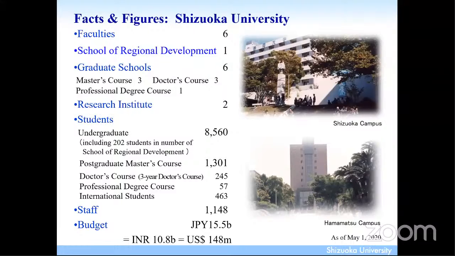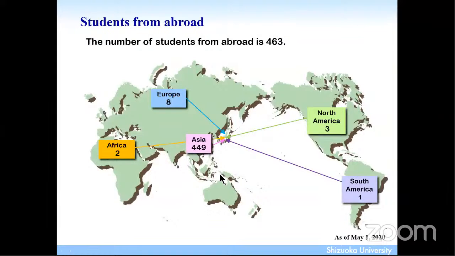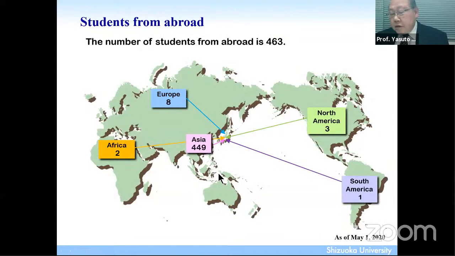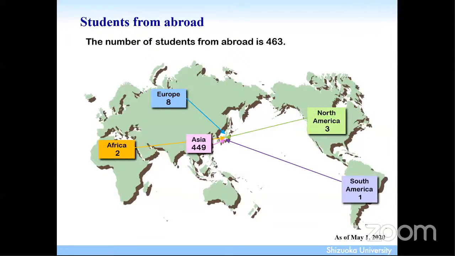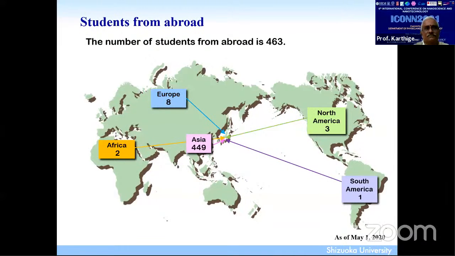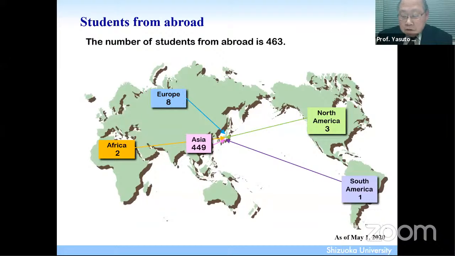Among the 10,000 students, about 460 come from abroad, most of them from Asia. By Asia, I mean Eastern Asia, like China and Korea, and Southeast Asia, and also South Asia, including India.